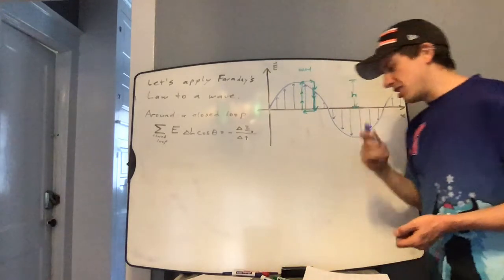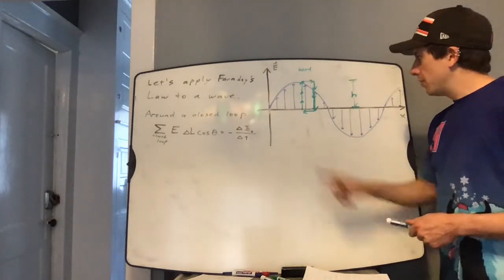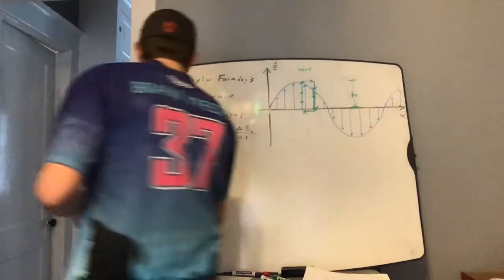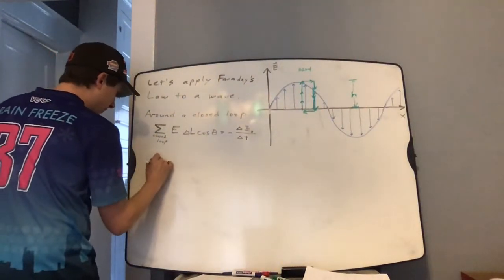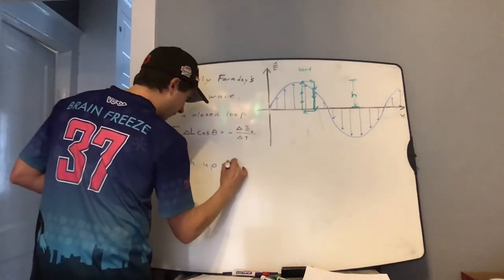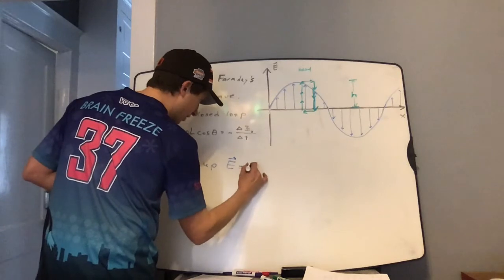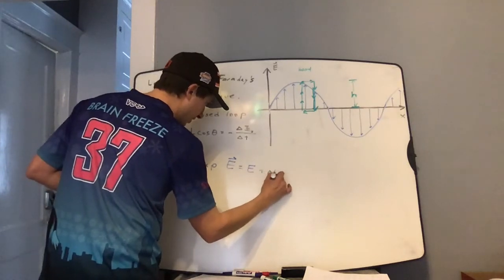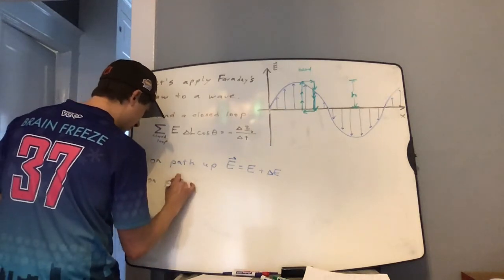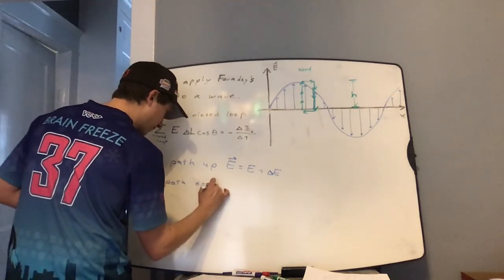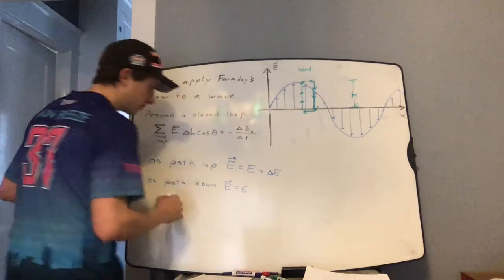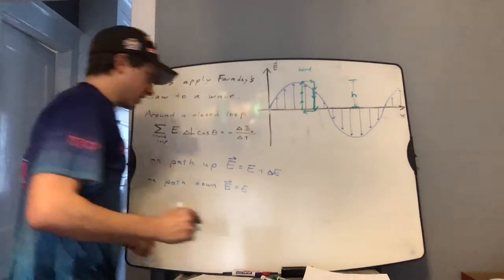In both cases, the electric field is pointing upward, but on the path up, the electric field is a bit stronger. So on the path up, the electric field is equal to E plus delta E, and on the path down, the electric field is just equal to E. In both cases, it's pointing up.